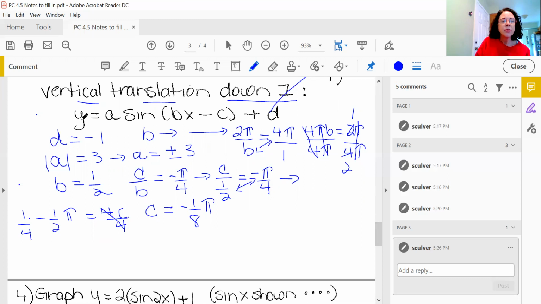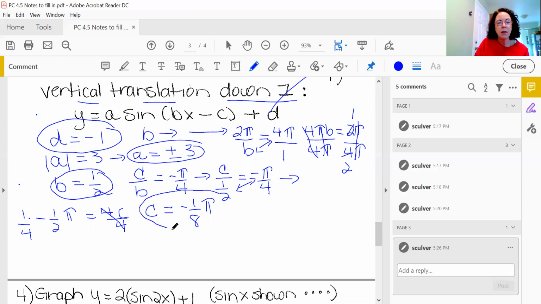Okay, here's what we have. We have D circled there. We have A, we have B, and we have C. So let's go ahead and fill in our equation.